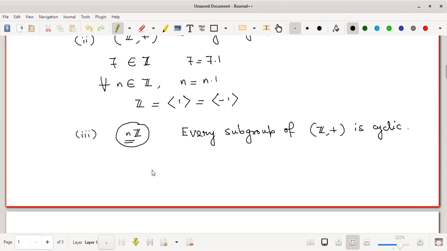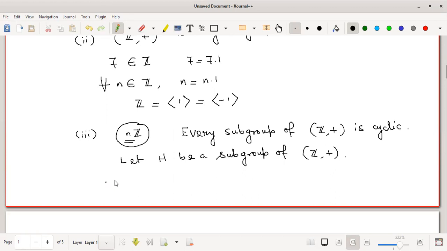Let us check how. You choose any subgroup. Let H be a subgroup of Z plus.